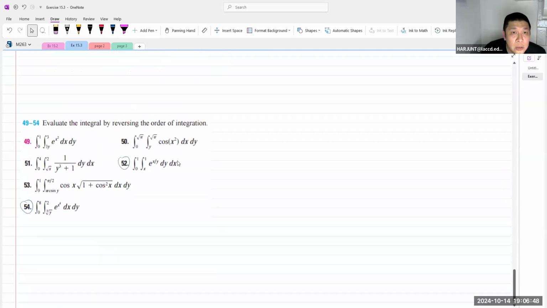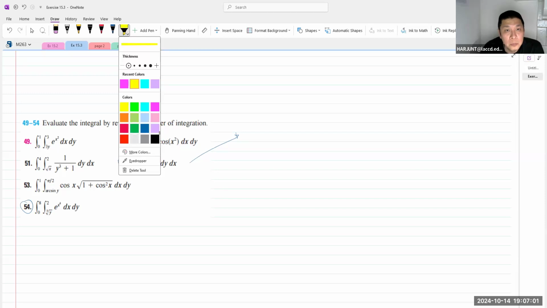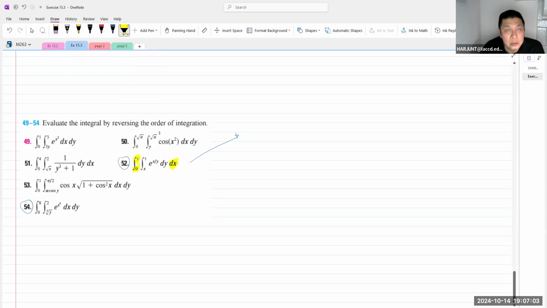Now the last one, let me do number 52, and I'll leave number 54 with you. Sketch the domain first. Okay, x will be from 0 to 1, and the y will be from y equals x to y equals 1.